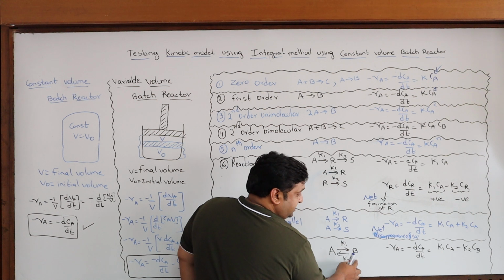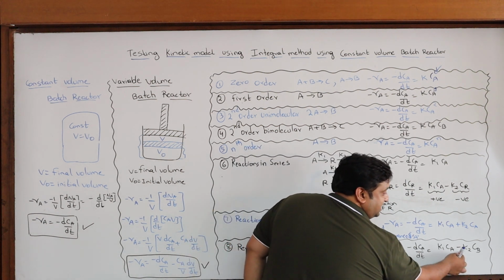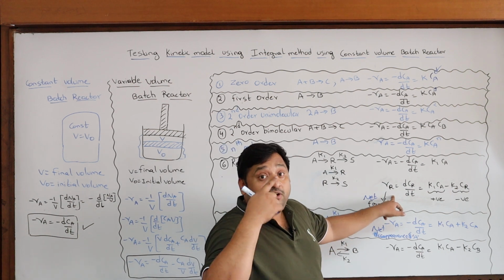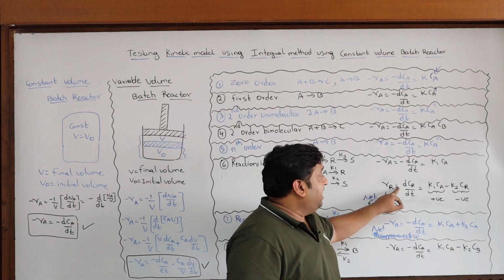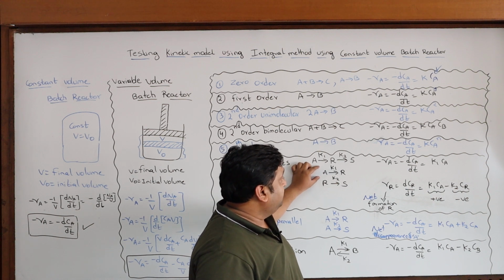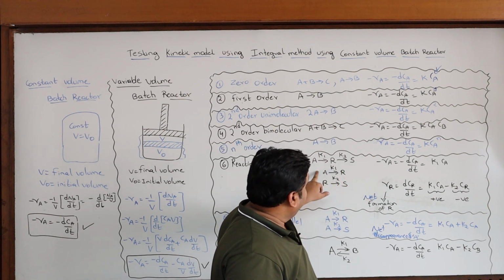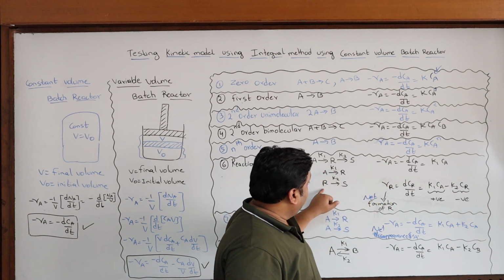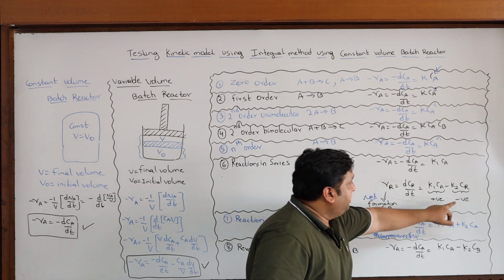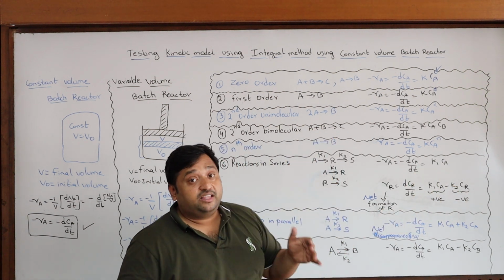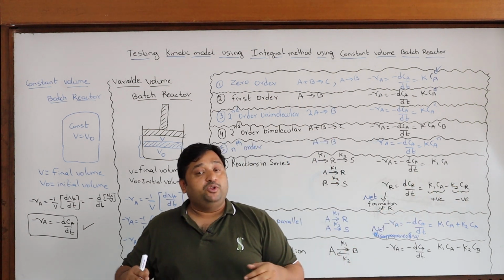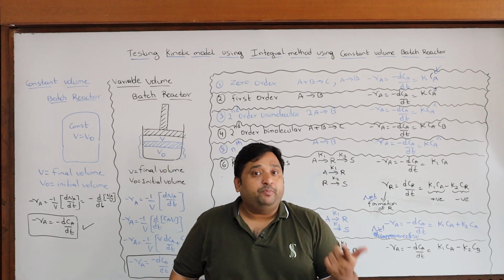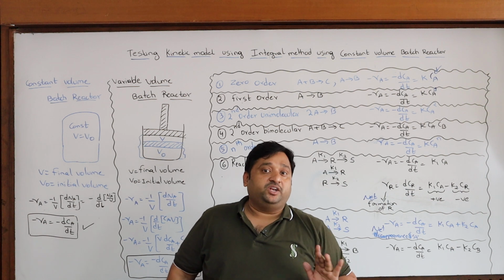Disappearance of A is not helped by the second reaction, that is why it is K2 into Cb. Here, for Ra, I am talking about formation. Formation of R is helped by the first reaction, that is why it is positive. Formation of R is not helped by the second reaction, that is why it is negative. So you have to keep these things in mind before you approach a problem, otherwise you will always be confused about when to put positive and when to put negative.